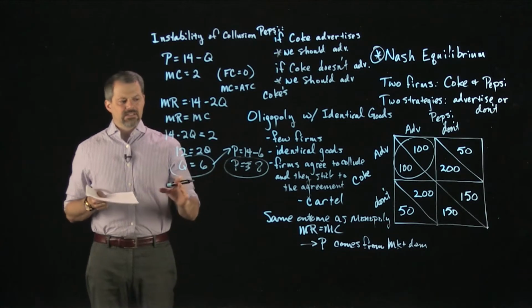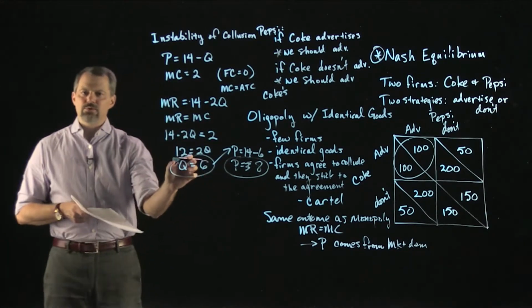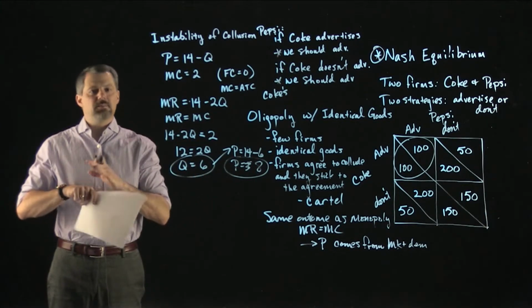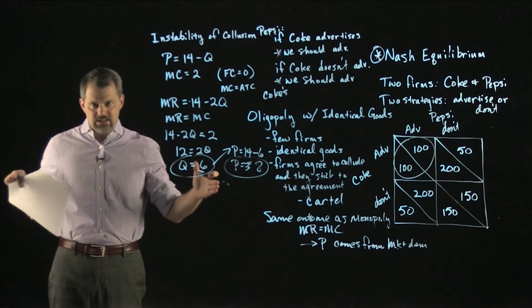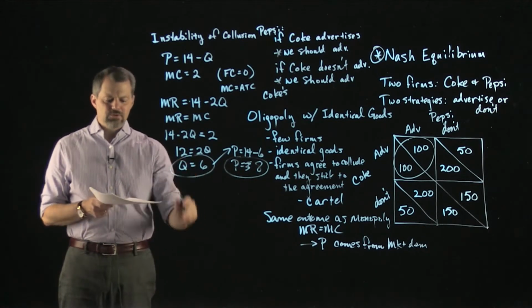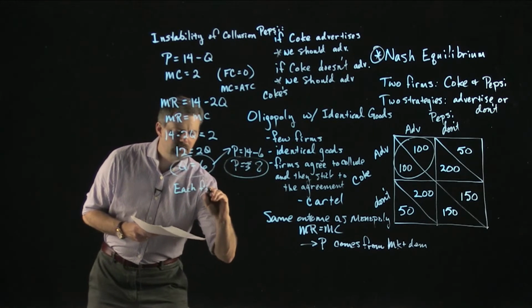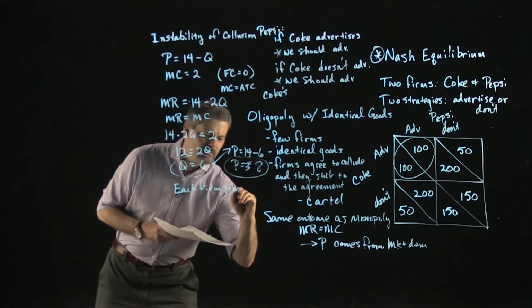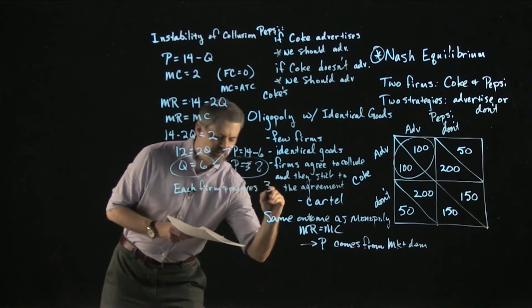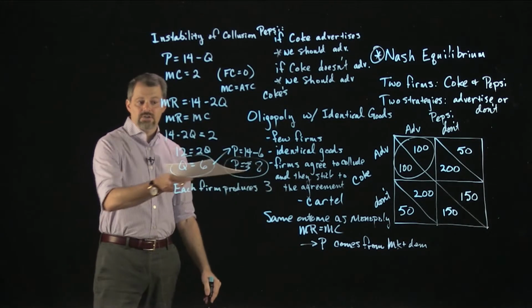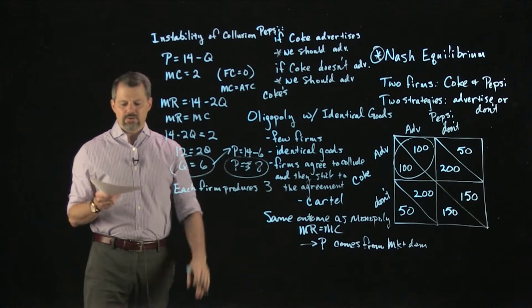What this means is that each firm is going to produce 3 units. We're going to assume that the firms just divide the quantity in half. They're each producing 3 units, and they're going to charge $8 for every unit.